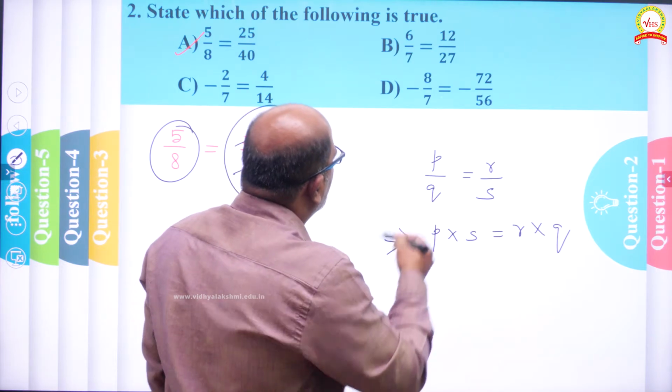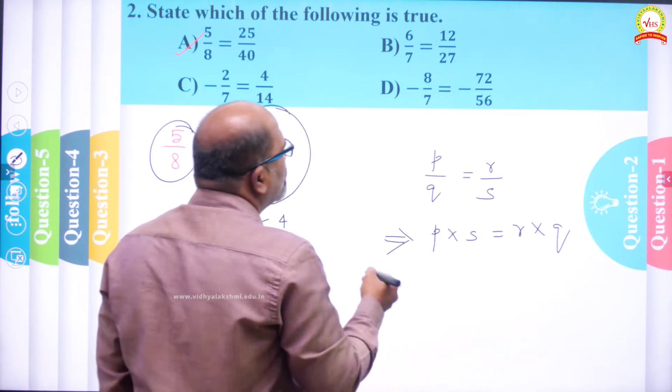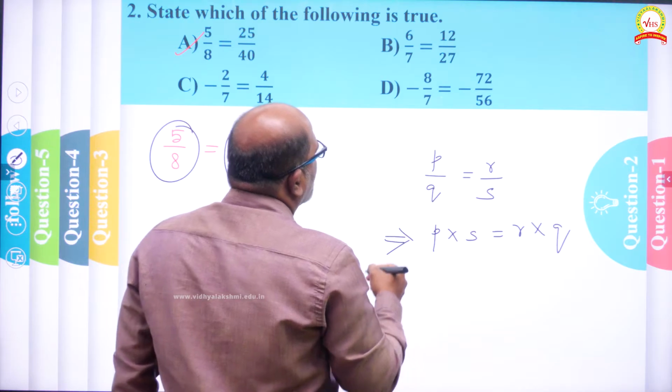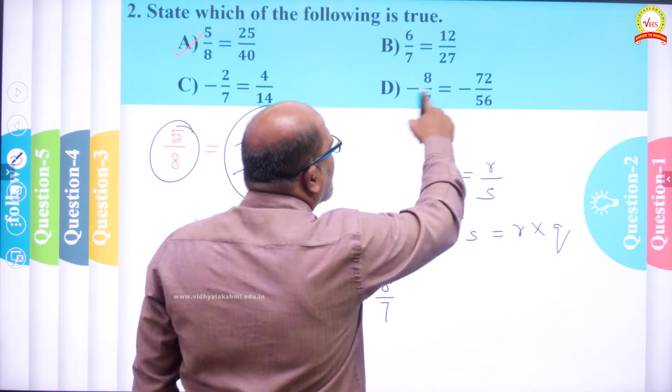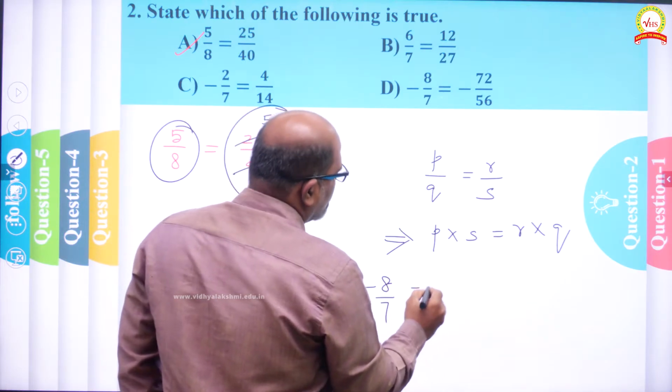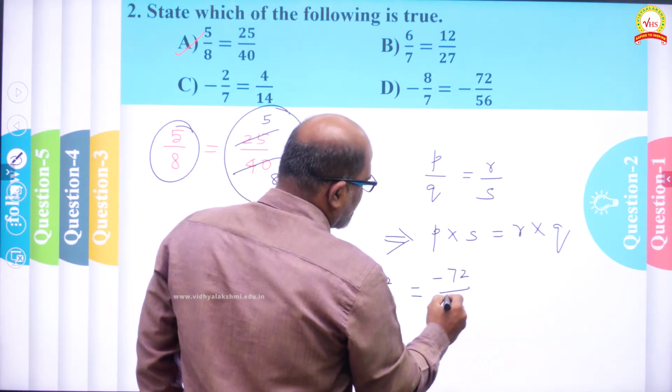And also this is not going to be equal, because minus 8 by 7 we have, both sides have a negative sign, but let us check minus 72 by 56.